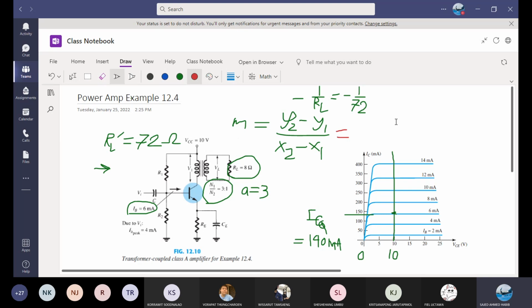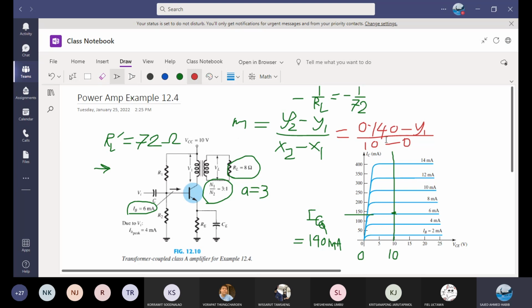Minus 1/72 equals, you take the value of y2. It is 140 milliamp, so you use 0.140 minus y1 unknown, and then x2 is 10, x1 is 0. You solve for it, you'll get a value.